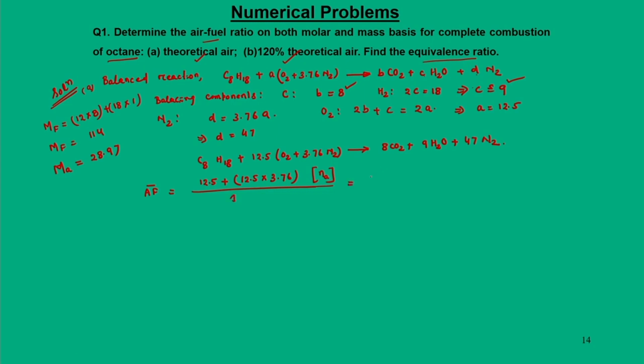So, this is 59.5 kilomole air by kilomole fuel.